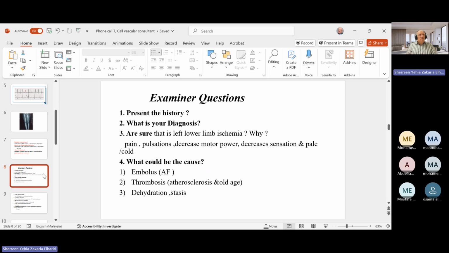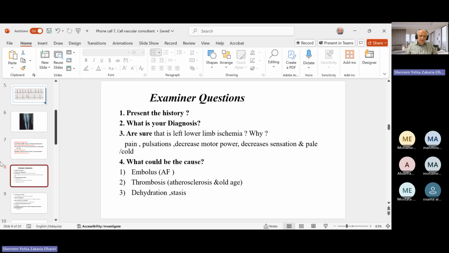So when you transfer the patient in the ambulance, what do you give him? Okay, I will consider giving him oxygen, and the ambulance will be prepared with CPR and amiodarone. Okay. All right.